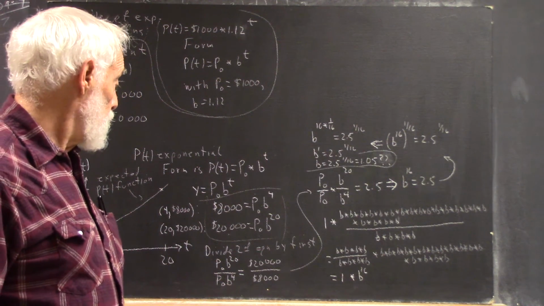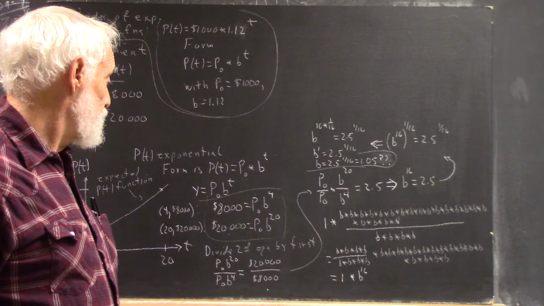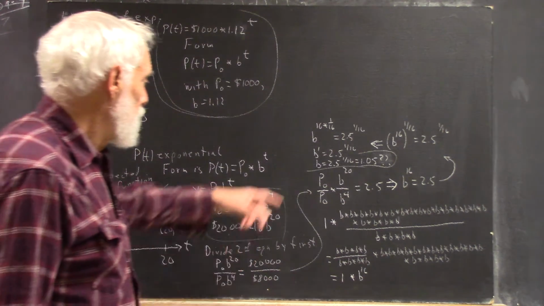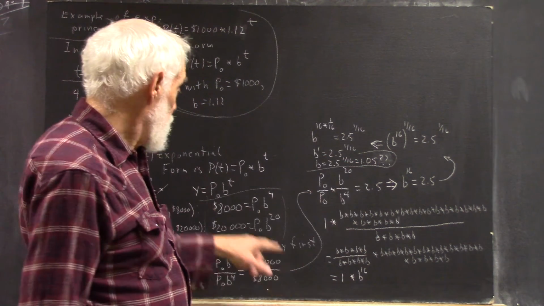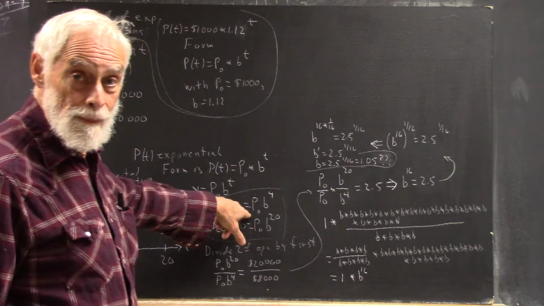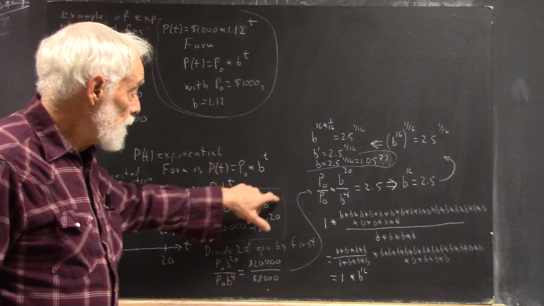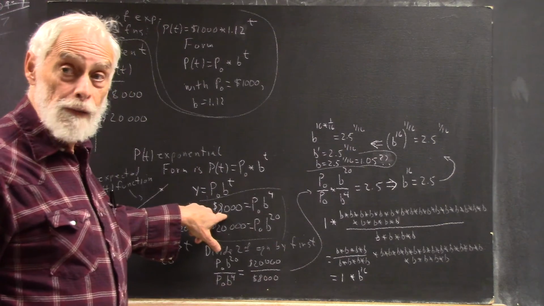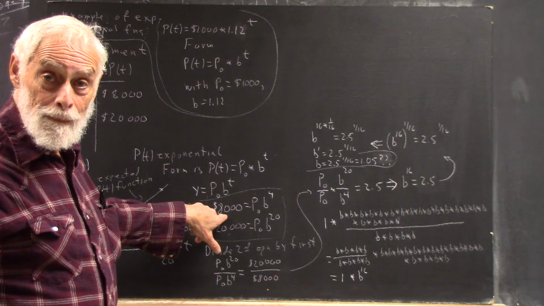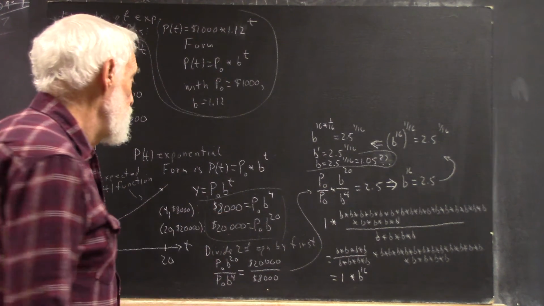So now what do we know? Well, we know the value of b. How do we find the value of P naught? We plug in that value of b and take it to the 4th power and divide it into $8,000, right? Okay? So we plug in.